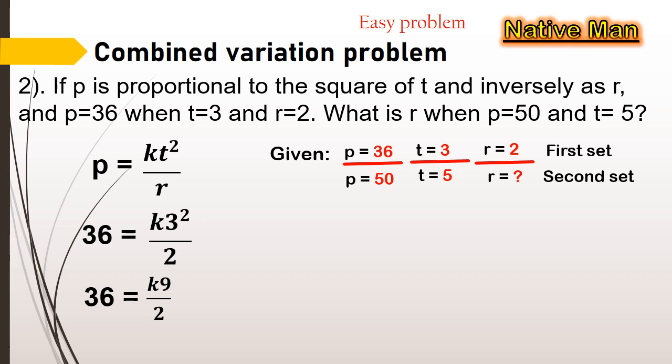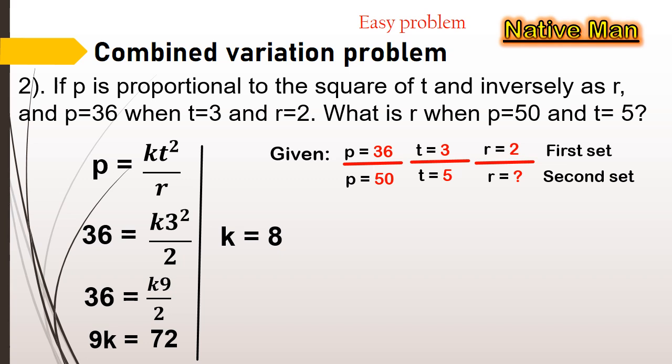And then, solve natin by cross multiplication. So, K9 or 9K times 1 na denominator ng 36 is 9K is equal to 36 times 2 is 72. So, solve natin. Yung constant, remove 9. So, 9 divided by 9 is 1. So, 72 divided by 9 is 8.